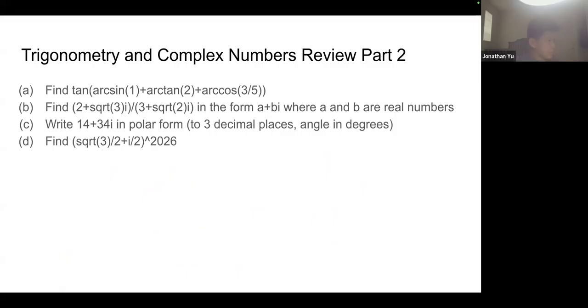Okay, and for problem 4, we can graph this onto the unit circle. These are just the lengths of a 30, 60, 90 triangle, so this angle is cis of 30 degrees.